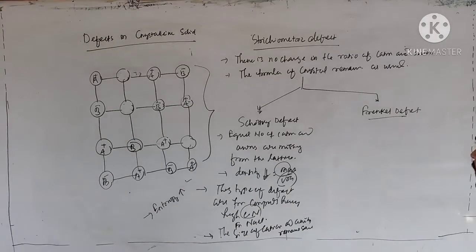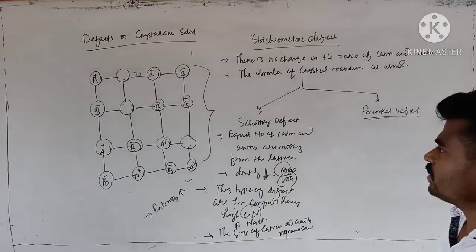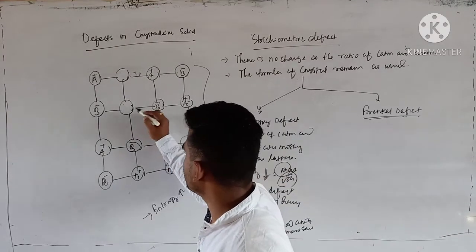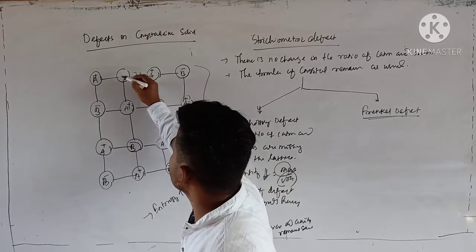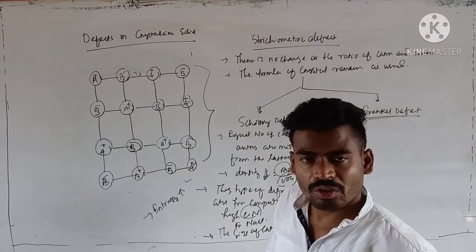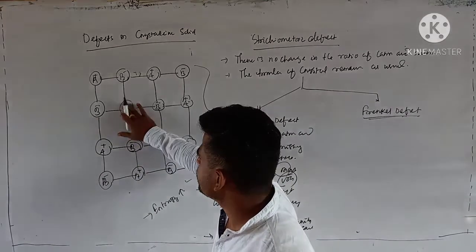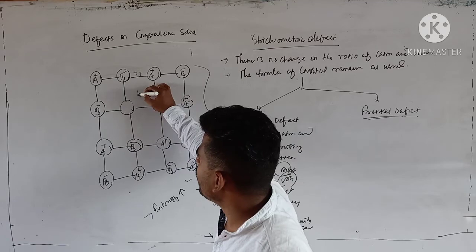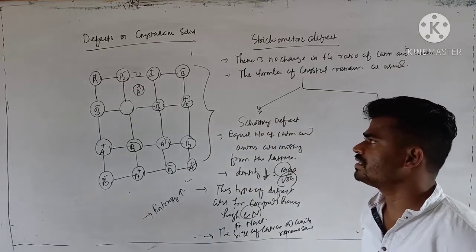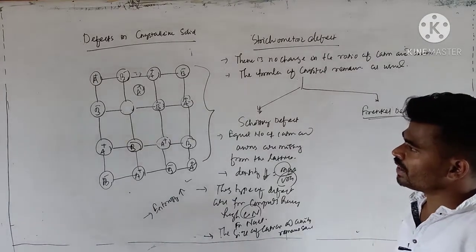So you see in Frenkel defect what happens. Since there is no change in stoichiometry, again I am showing here B minus, A plus, B minus, A plus, B minus. Here one cation can be shifted from its original position and occupy one of the interstitial sites, so that the number of cations remains the same and the number of anions also remains the same.